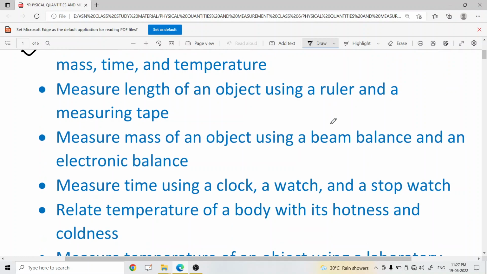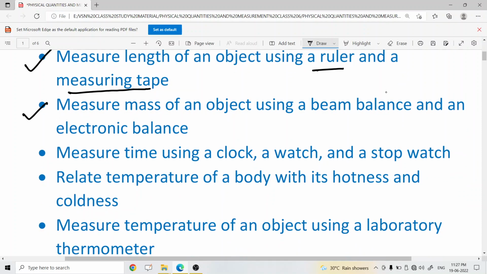Second, we learn to measure length of an object using a ruler and a measuring tape. A ruler and a measuring tape are the measuring instruments to measure the length of an object or any body. The next one is to measure mass of an object using a beam balance and an electronic balance.